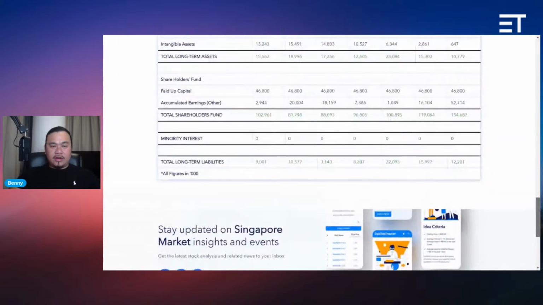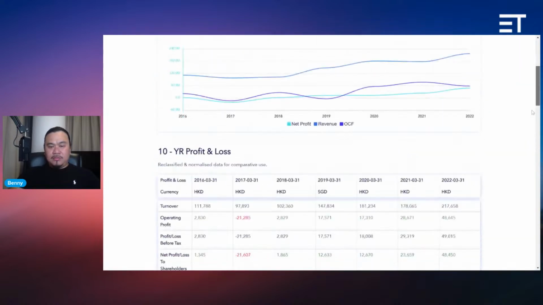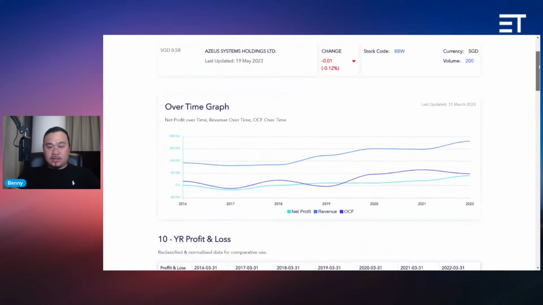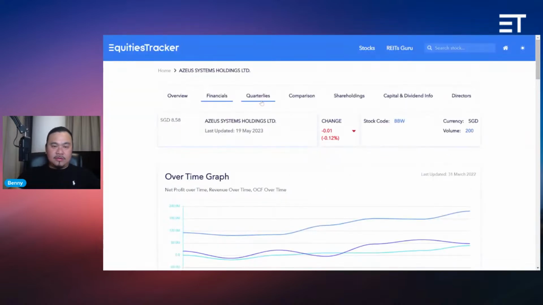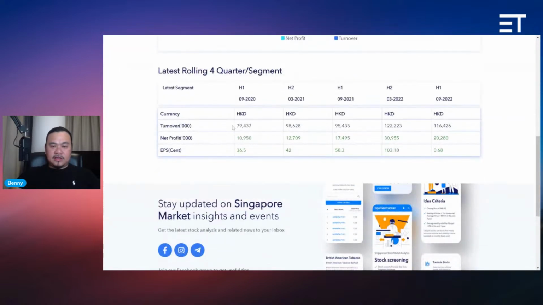Okay, so you can look at the rest of the other details to find more about this company's financial. So, they had not really a strong start in the earlier years from 2016 to 2019, but 2020 onwards, you can see quite a strong growth for this company. Okay, so you look at quarterlies. Quarterly performance has also been quite strong.